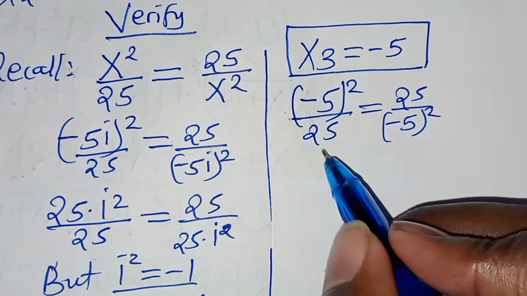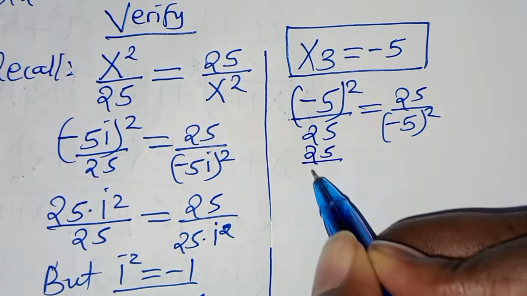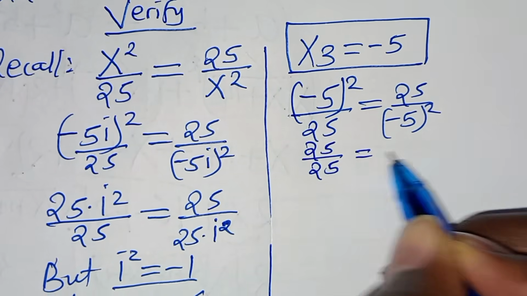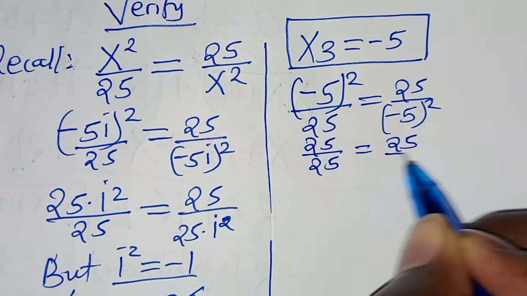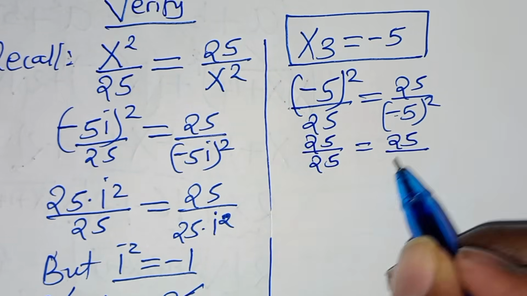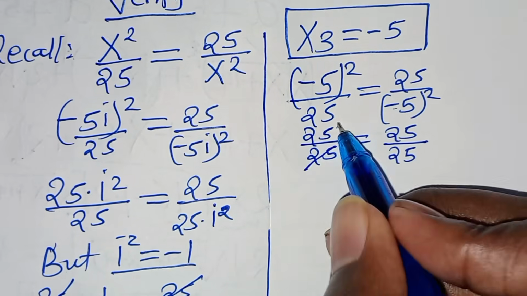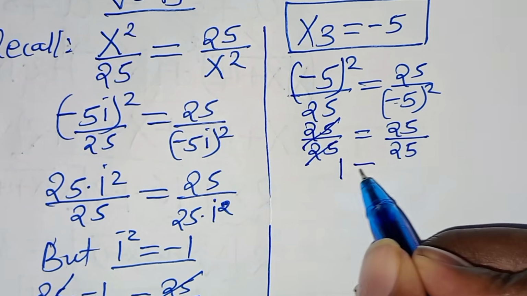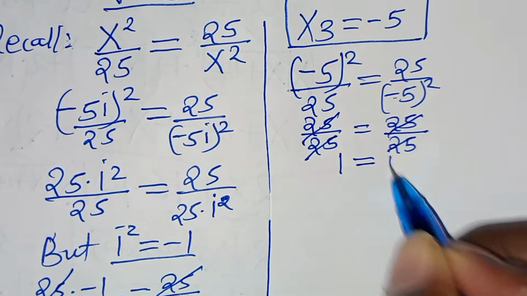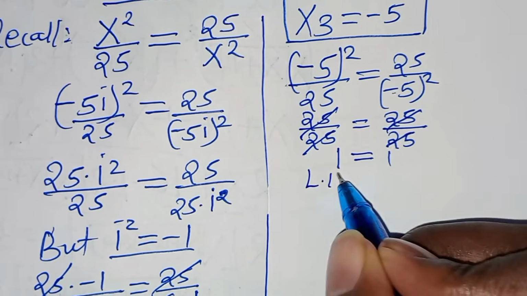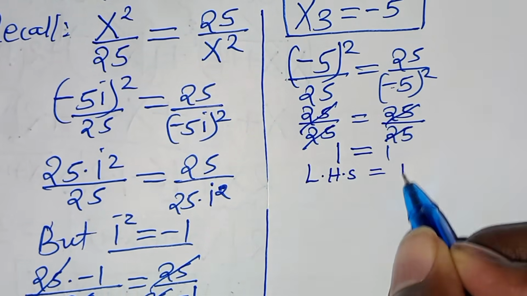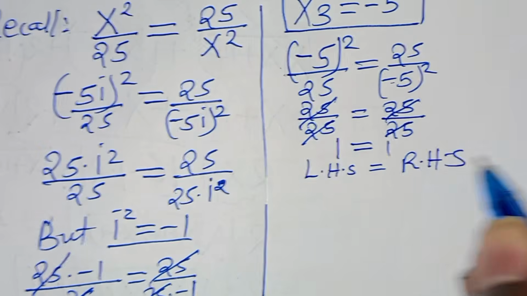Minus 5 squared is equal to 25, so we have 25 over 25, equal to 25 over 25. Simplifying, this means that 1 is equal to 1. So the left hand side is equal to the right hand side.